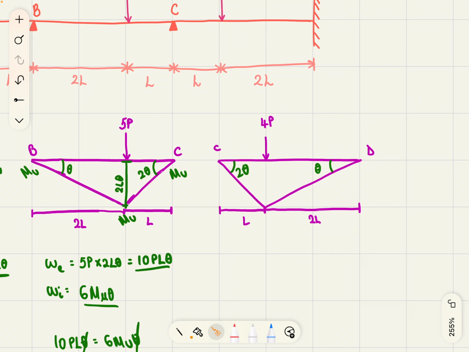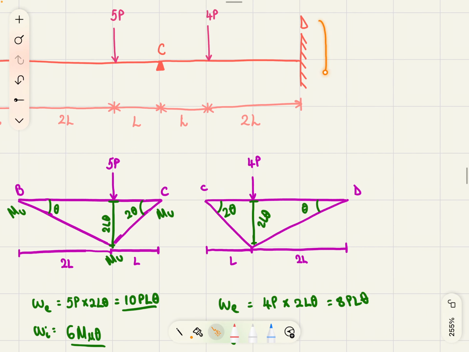But, to be safe, use tan again. And this length, displacement 2L theta. Now, external work, this time we have a point load of 4P times displacement 2L theta, so 8PL theta. And the internal work, we have 3 plastic hinges.